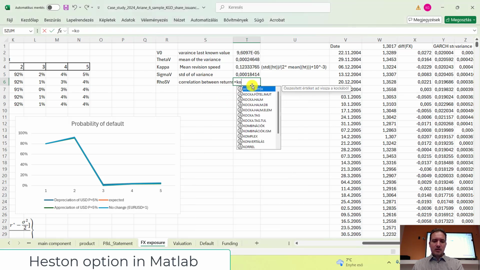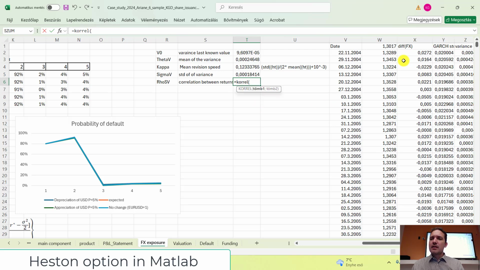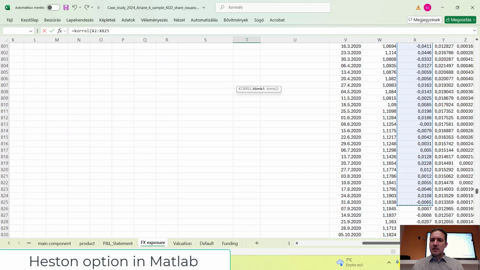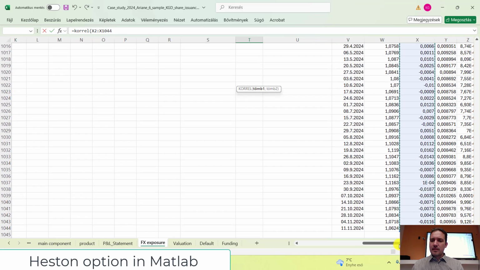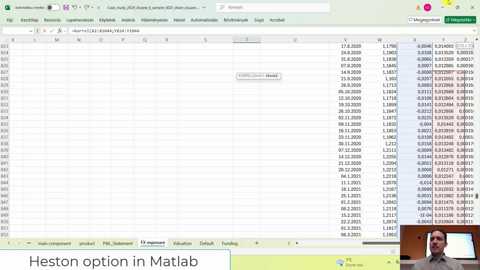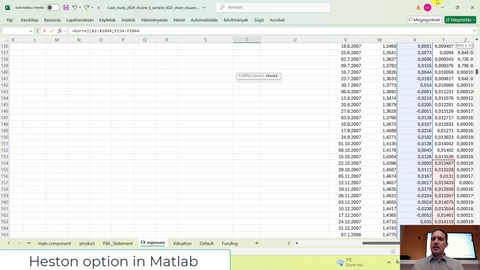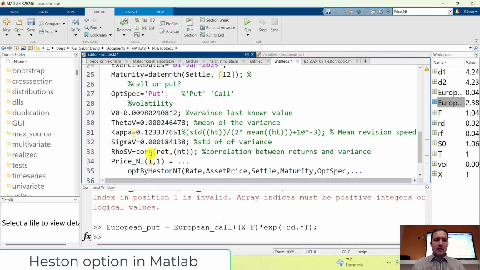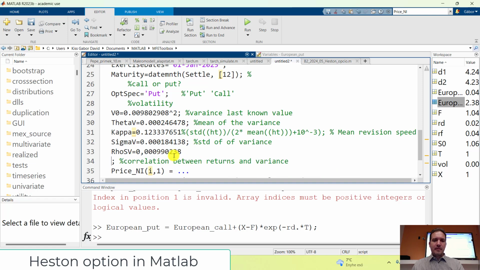So in this case, correlation. This one, and the other one. They have zero correlation, so it's quite simple.